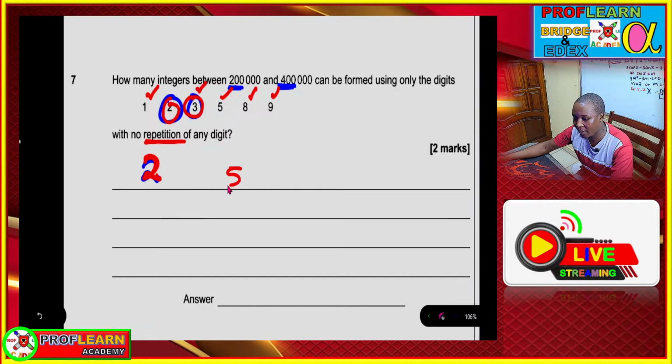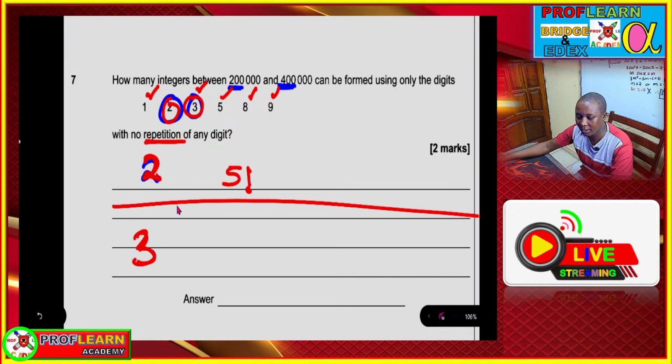So this is going to be 5 factorial. Then if you've used 3, how many numbers will be remaining in that case? 5 again. Because you'll be having 2, you've used 3, you do not count it, also you have 5 factorial.